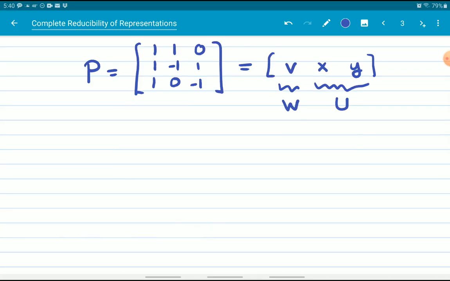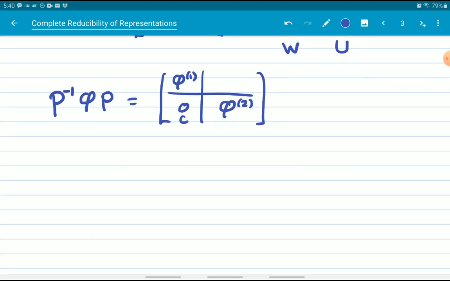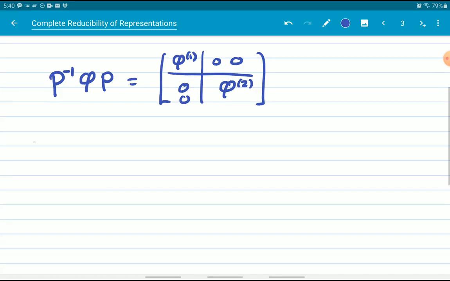Using this P, I can change basis of my representation, and it will have to have the form phi upper 1 and phi upper 2, and then zeros here. So let me make this explicit.